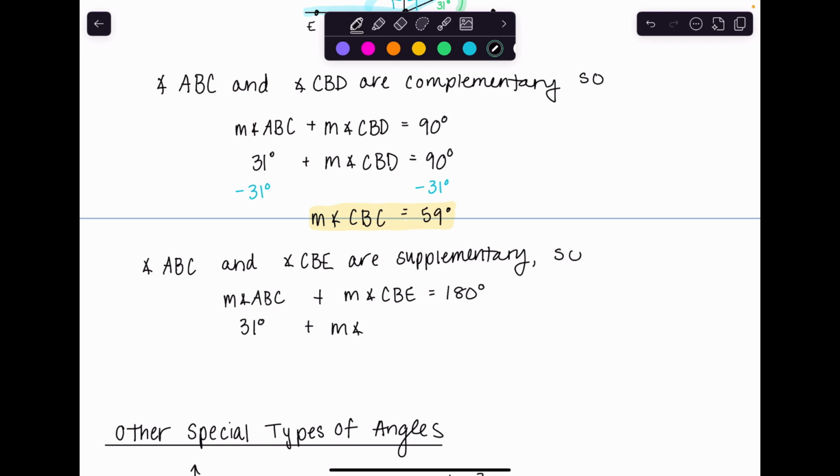The measure of the second angle I'm looking for is still unknown. And then these have to add up to 180. So subtracting that 31 degrees tells me the measure of my other angle, CBE, is going to be 149.